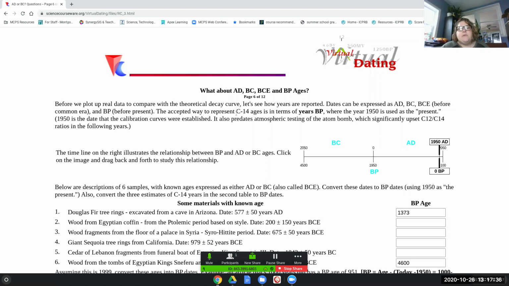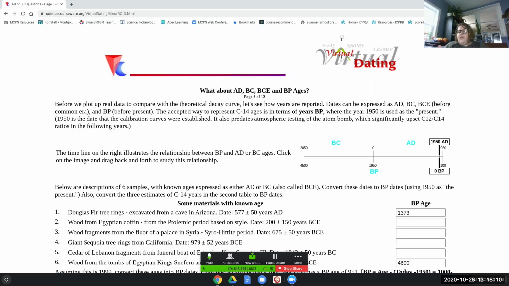The accepted way to represent carbon-14 ages is in terms of BP, where the year 1950 is used as the present. 1950 is a date that the calibration curves were established. It also predates atmospheric testing of the atom bomb, which significantly upset the carbon-12 to carbon-14 ratios in the following years. The timeline on the right illustrates the relationship between BP on the bottom, BC, and AD.